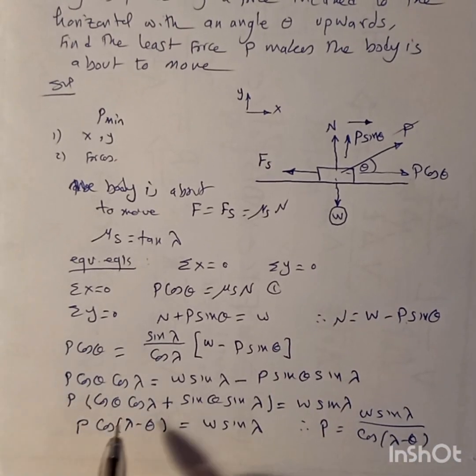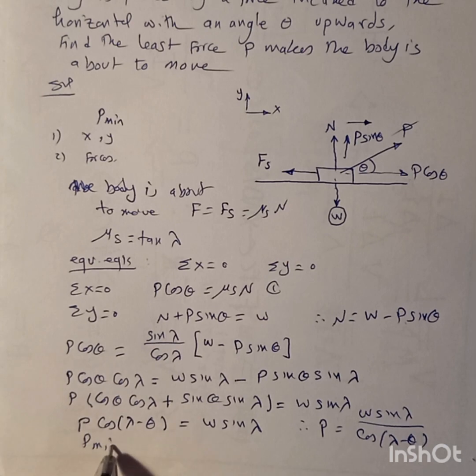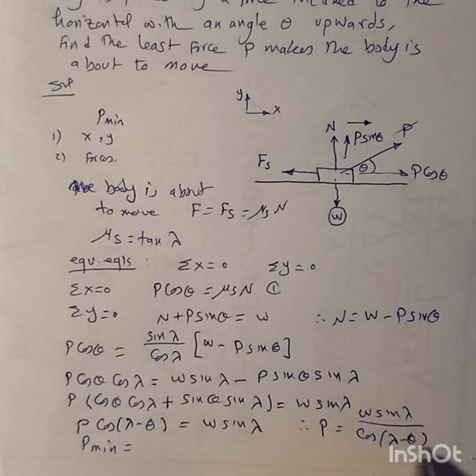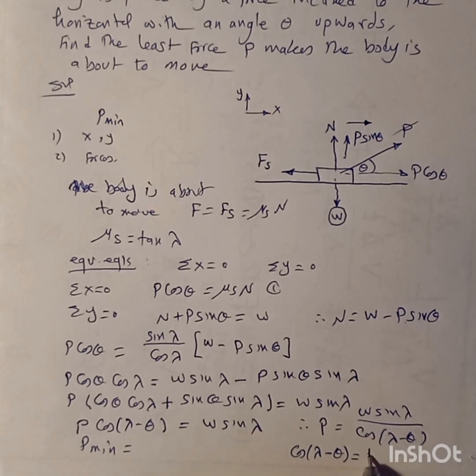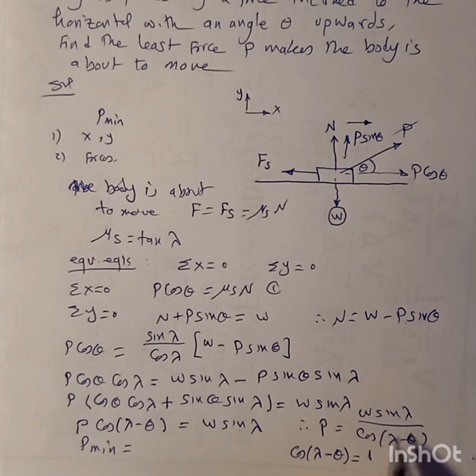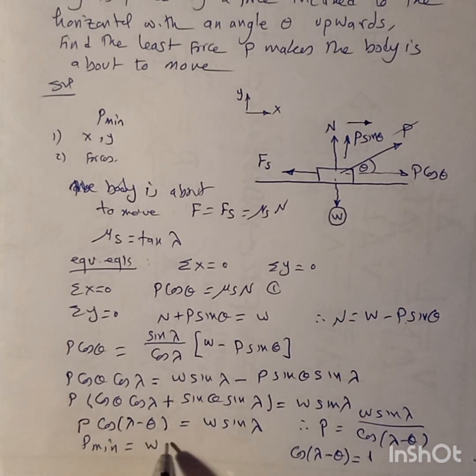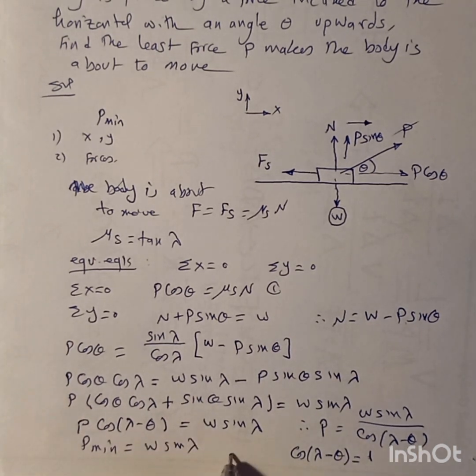It's required to find P minimum. For P minimum, this denominator is maximum. Then we have cosine of lambda minus theta is maximum, and as the maximum value of cosine is 1, then P minimum equals W sine lambda, and this is required to find.